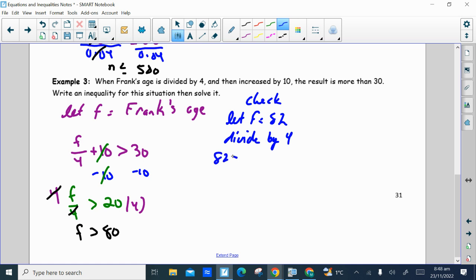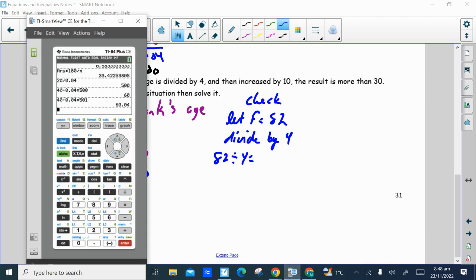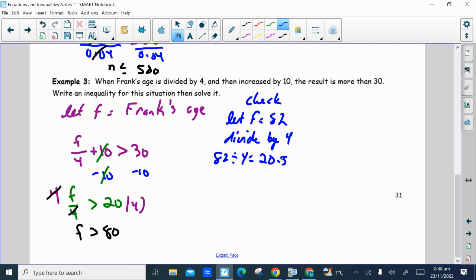That's 82 divided by 4, which is 20.5. And then increase by 10. That'll be 20.5 plus 10, which is 30.5. That is more than 30, so that checks.